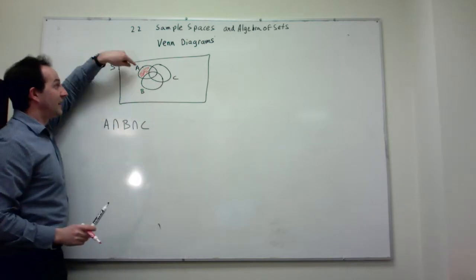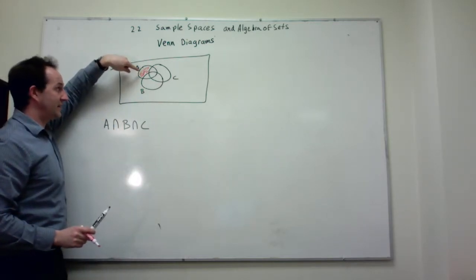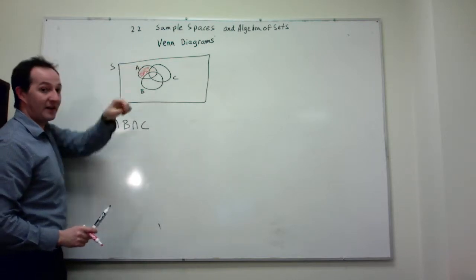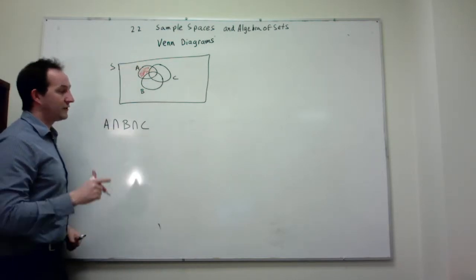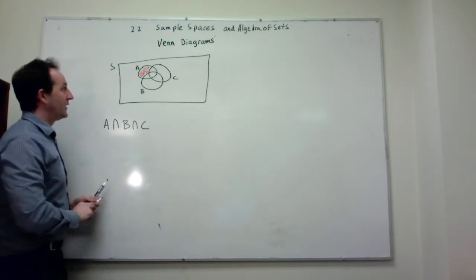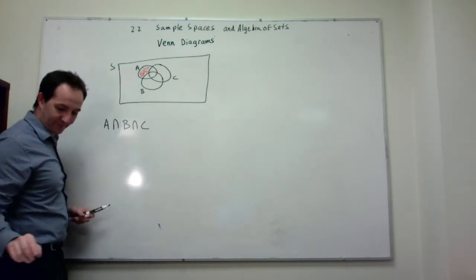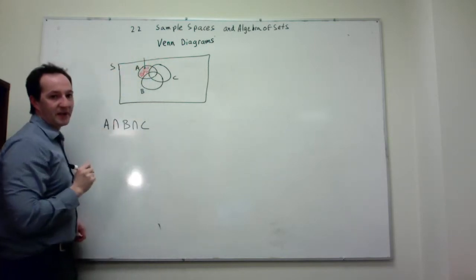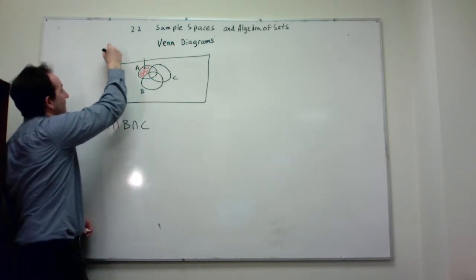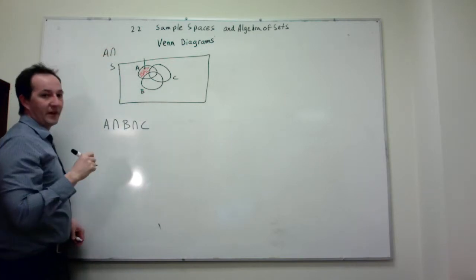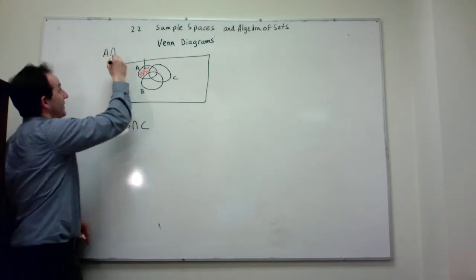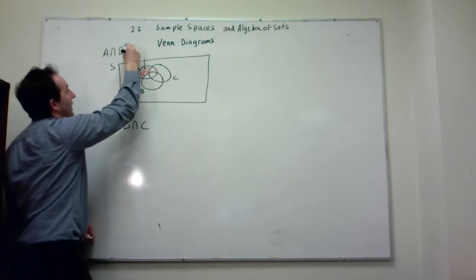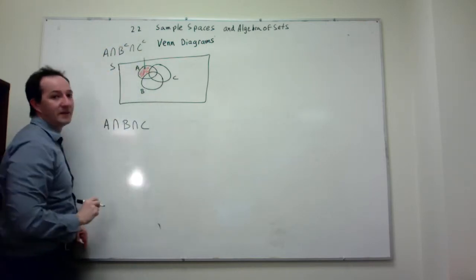I'm shading the part that is in A, that is not in B, and is not in C. So similarly to what we did before, we could think about this region as being A intersected with the things that are not in B, so A intersect B complement, intersected with C complement.